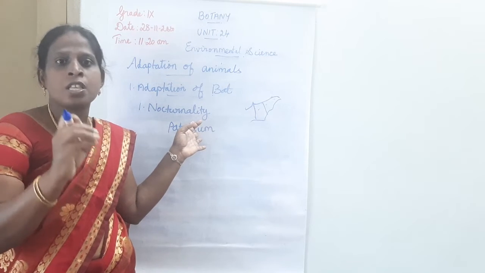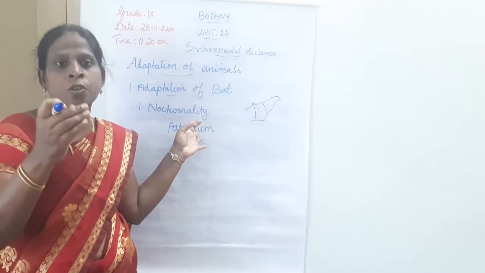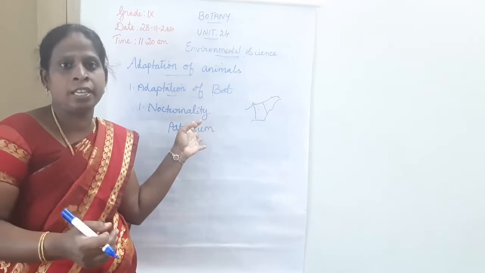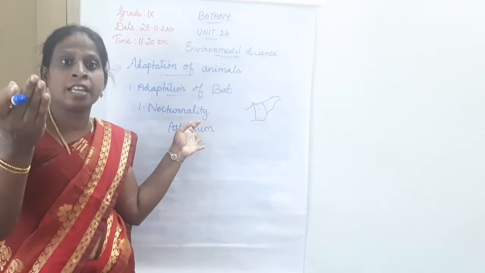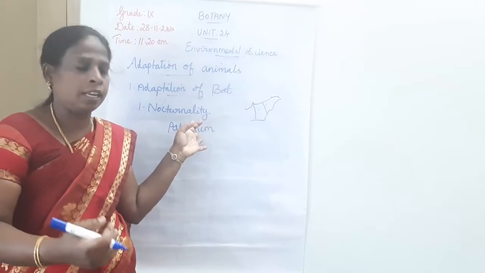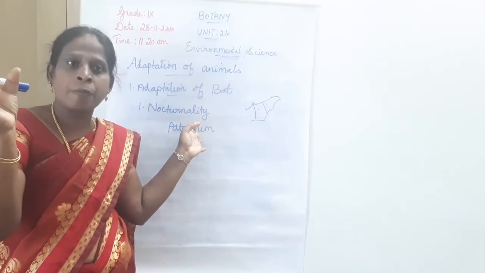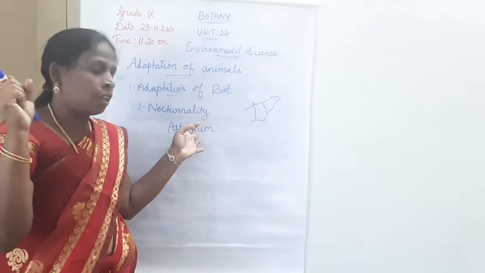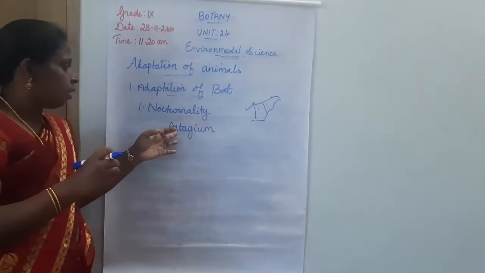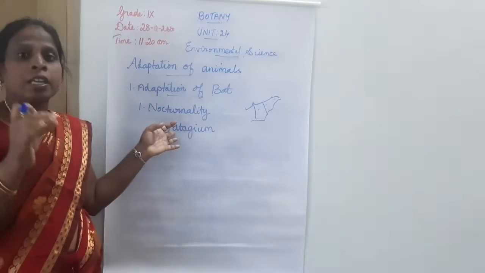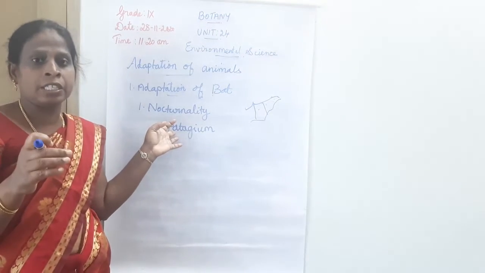So it reduces the water content, which leads to dehydration. What is dehydration? That is a reduction in the water content. During daytime it is very hot, and they absorb a lot of heat in the patagium, so it leads to dehydration.